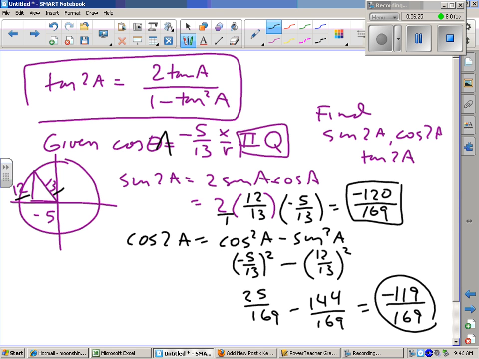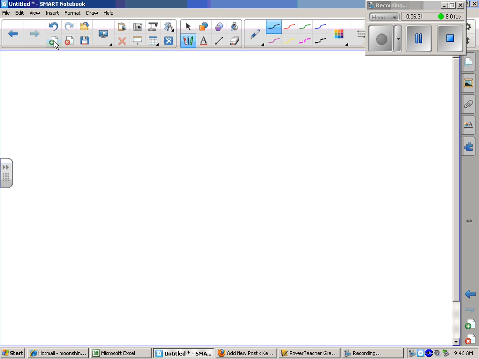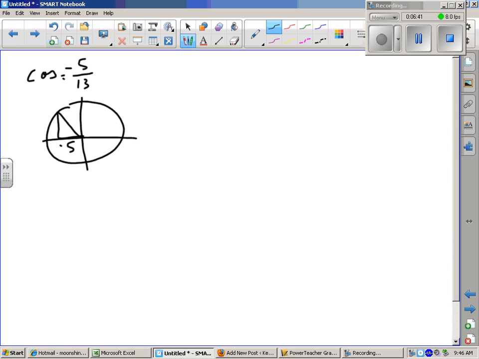Now we got to go to tangent. I'm going to go to the next page and rewrite some of the information that we have. That the cosine is negative 5/13. Quadrant 2, so negative 5, 13, and 12. All right, tangent of 2a is 2 tangent a over 1 minus tangent squared a.